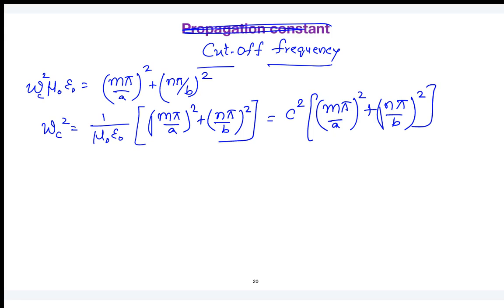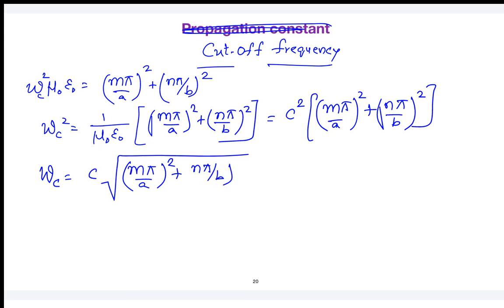Okay. So when I say omega c is equal to c into root over (m pi by a) whole square plus (n pi by b) whole square, and omega c is written as 2 pi fc, equal to the same thing.